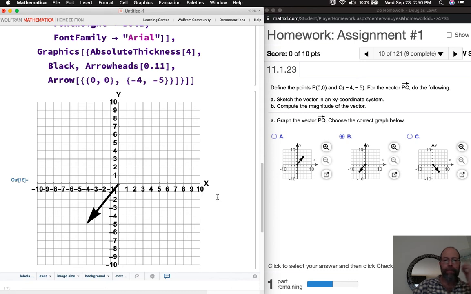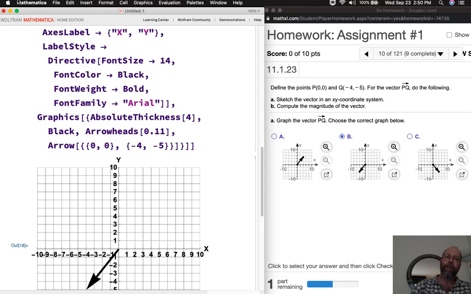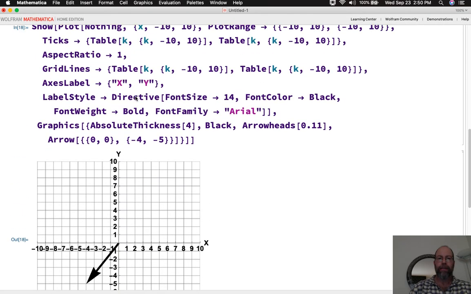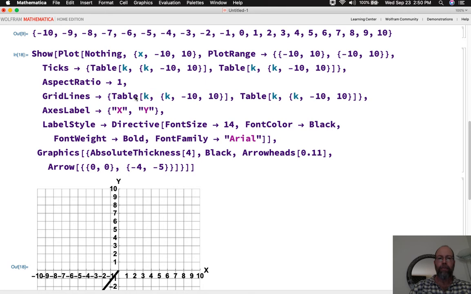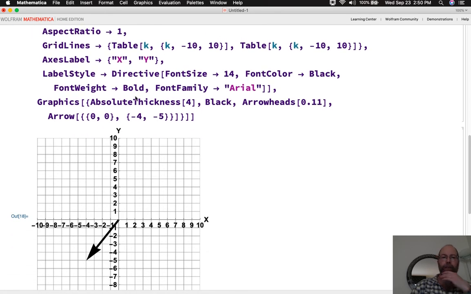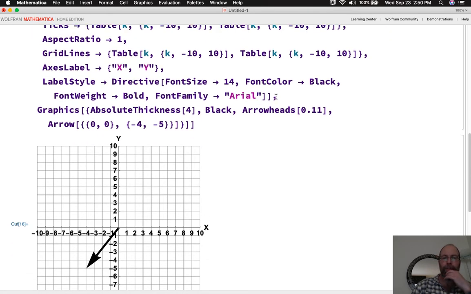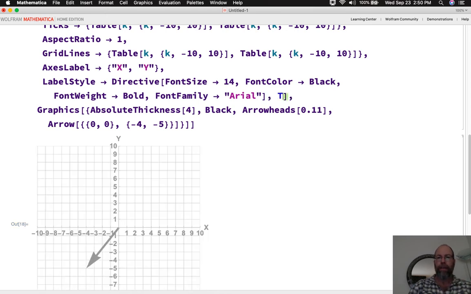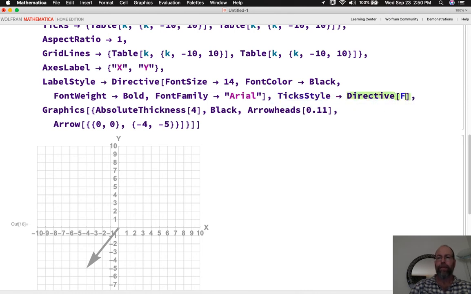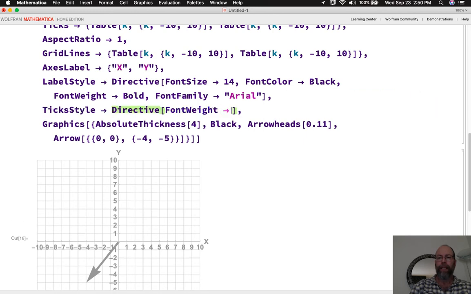Okay. Well, but then it changed. Hold on 1 second. This actually changed the ticks. The tick style changed, and I'm not crazy about that. So what we could do, we could also put in here tick style directive, font weight is normal.